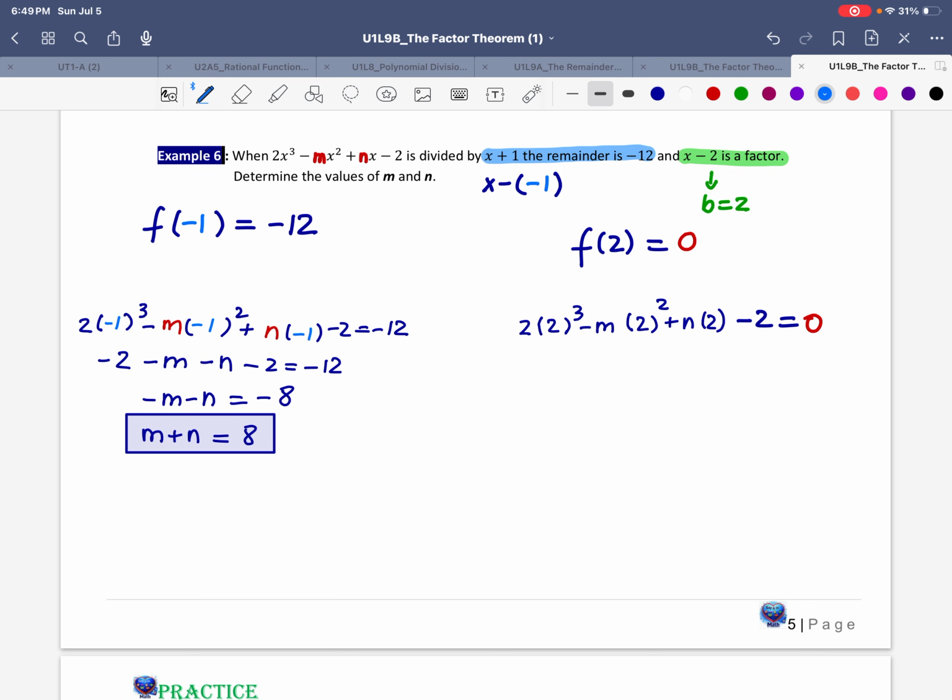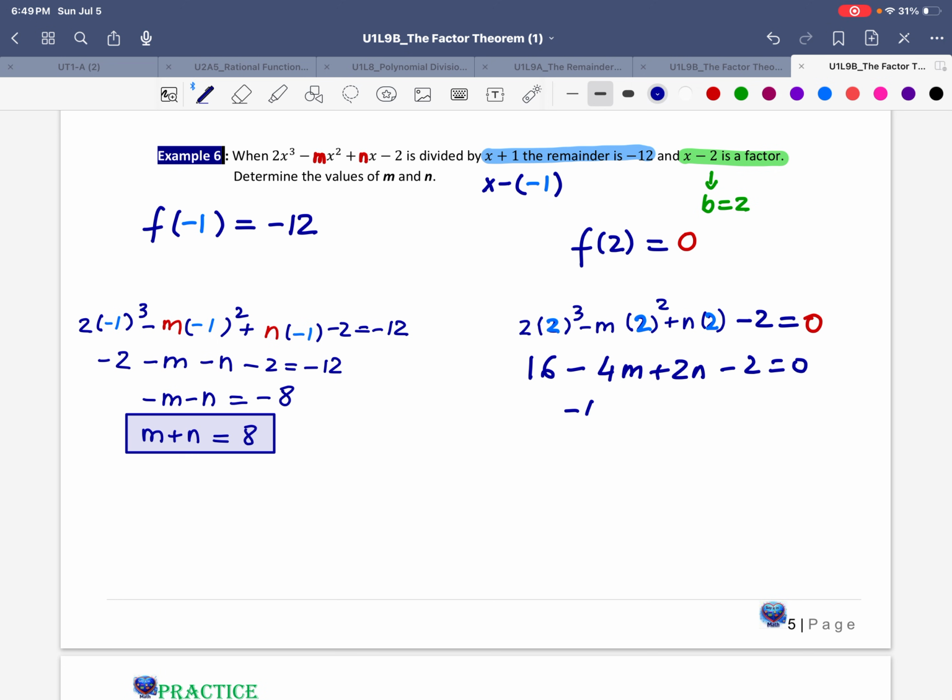So let's check and see. Simplify. We have 2 to the power 3 is 8 times 2, 16. Minus 4m plus 2n minus 2 equals 0.